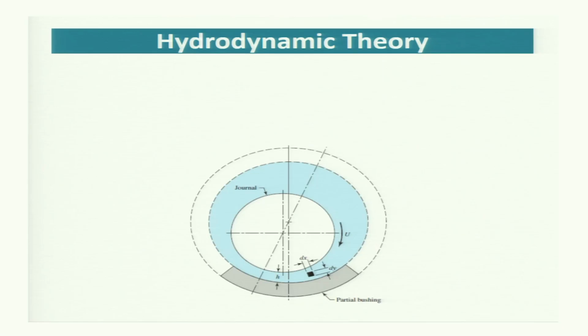So, let us see the hydrodynamic theory, and for that a bearing is taken which is shown by this dashed line. If you take the full journal bearing, and if a partial bearing is taken, then this is the partial journal bearing, where the angle subtended by the bearing will be represented by beta.